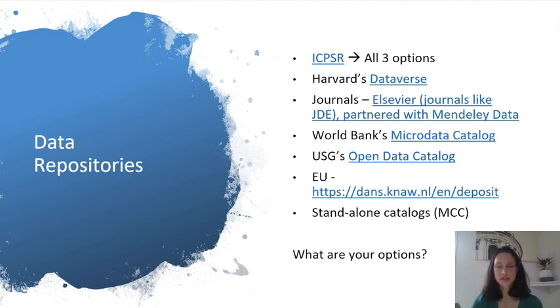ICPSR certainly has three options: public access data with direct download; restricted access data, where certain researchers can apply for it, then download it and take it with them; and restricted access virtual data enclaves, where certain researchers obtain permission to access the data in a virtual data enclave, run their analysis and take their outputs with them, but never actually touch the data.